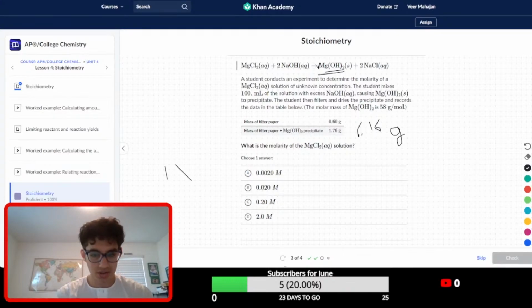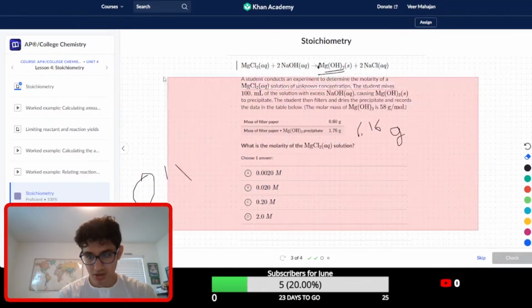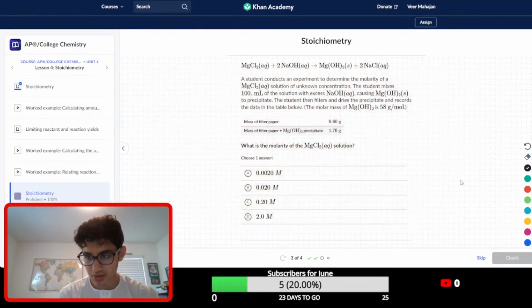Okay, this is disgusting. Let me just write it with this. The pen is completely useless right now, so I'll just do it like this. Divided by 0.1 liters. So this is going to be our final answer, by the way. We need the number of moles, right? The number of moles will be the same. How do we find that? Well, 58 grams. What is this?